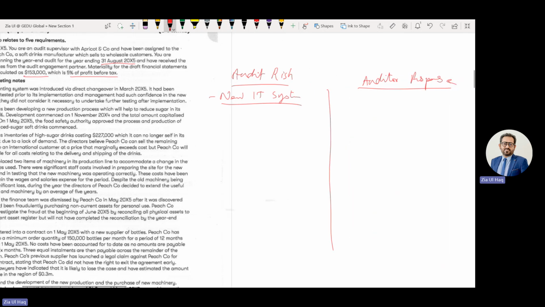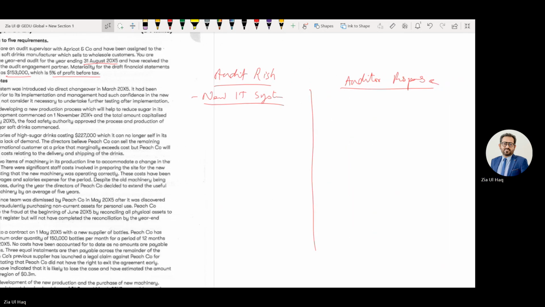I'm moving towards audit response. The issue is that if the data conversion from manual to computerized is not performed properly, meaning some data is not converted to the computer system, financial statements could be manipulated. What will be our response? What we can do?